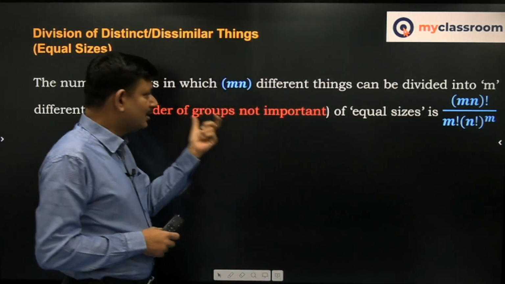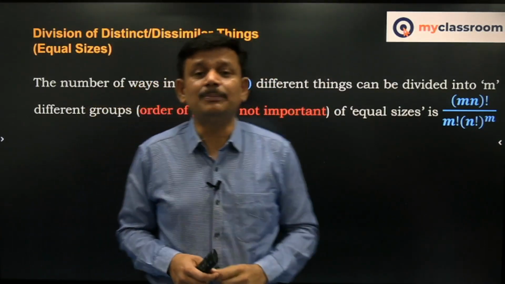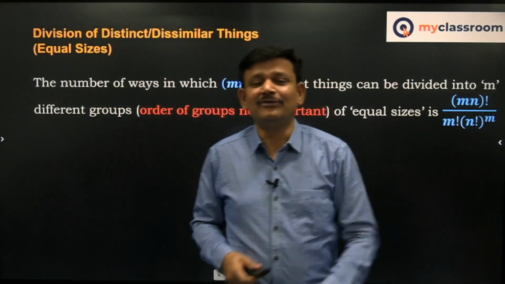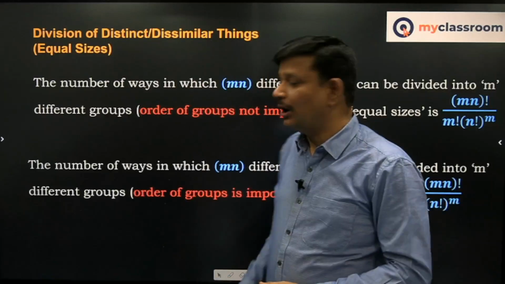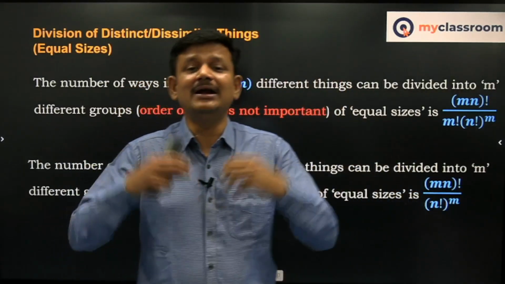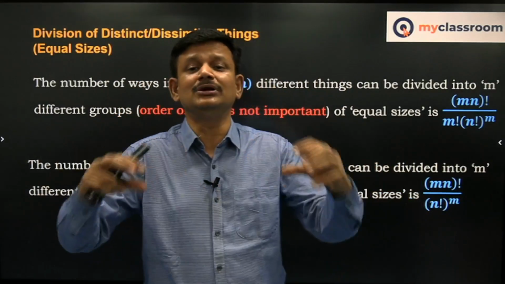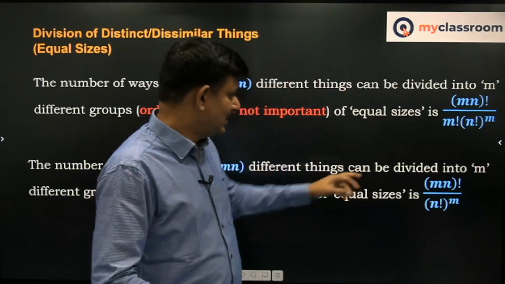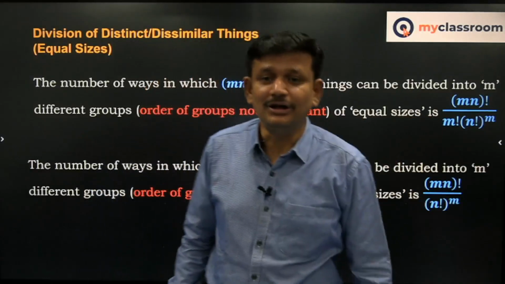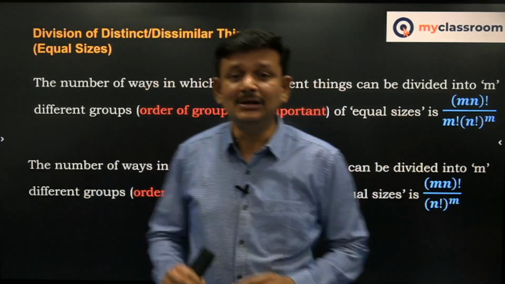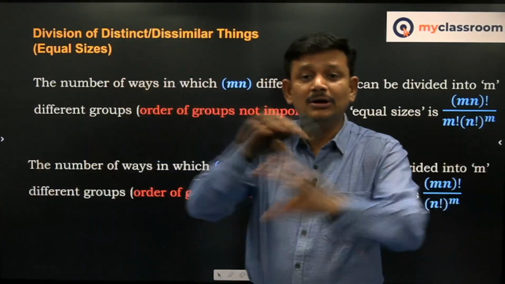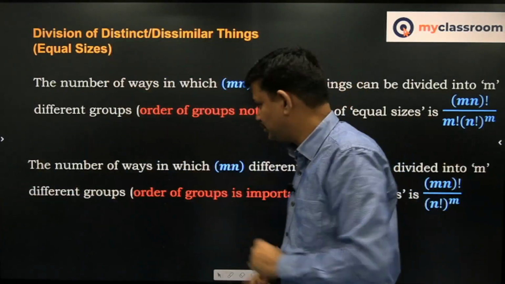And because the order of the groups is not important or the boxes are identical, I have to divide by m!. And if the order of the groups is important, that is you are dividing them among persons or you are putting them into different boxes, then that m! is not needed in the denominator. So, whenever the sizes are equal, you have to be careful whether the boxes are identical, order among the groups is important or not.